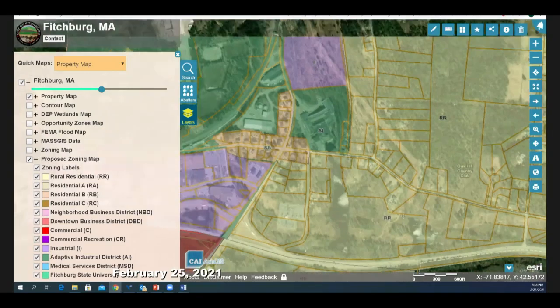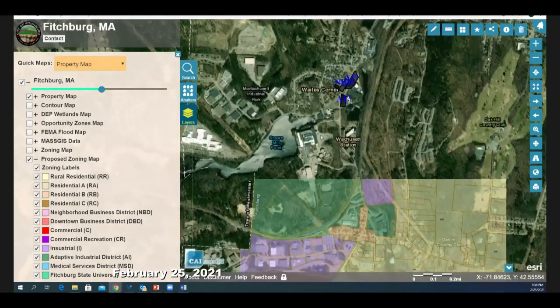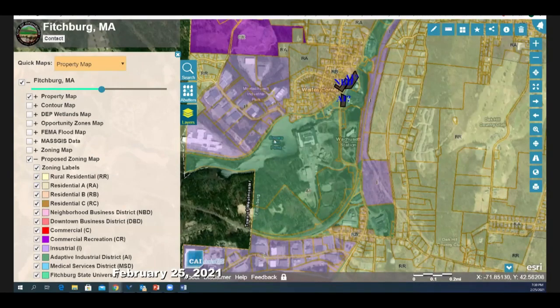And then going further up, this whole area, which is the Greif paper mill, as well as the City of Fitchburg owned Lagoon site and a Georgia Pacific site that we would hope to one day turn into a substantial development. We have proposed adaptive industrial because I think we'd like the flexibility.